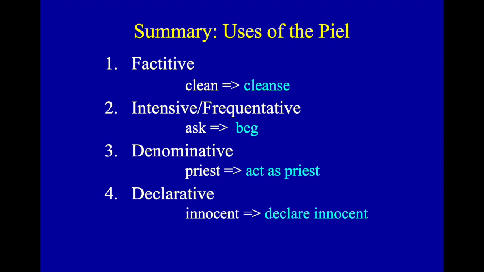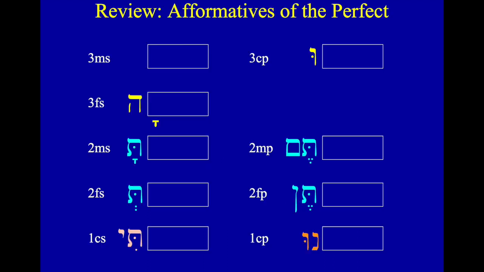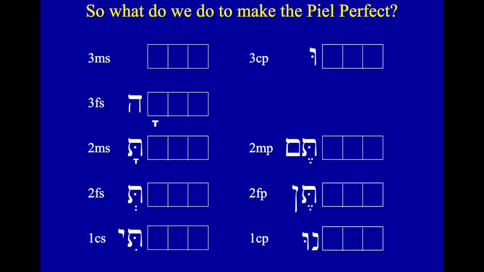What you have to relearn is the particular markers of the Piel. And just remember, these are our afformatives, or really here, suffirmatives, endings of the perfect. Remember, zipatata ti utem tenu? Well, good thing that it's the Qal perfect and the Hithpael perfect and the Piel perfect. This works for all of them. Every single stem that we're going to learn has these exact same suffirmatives.